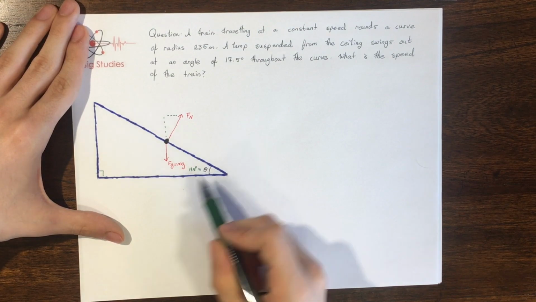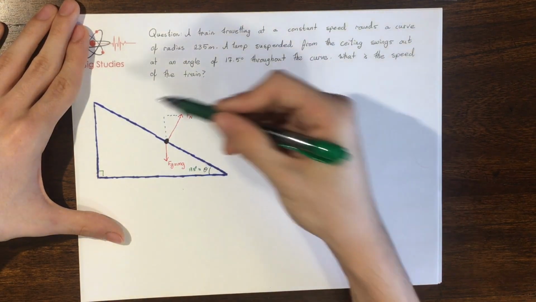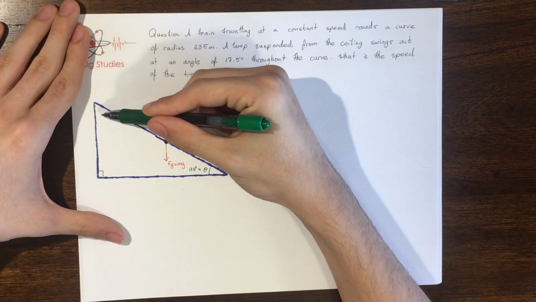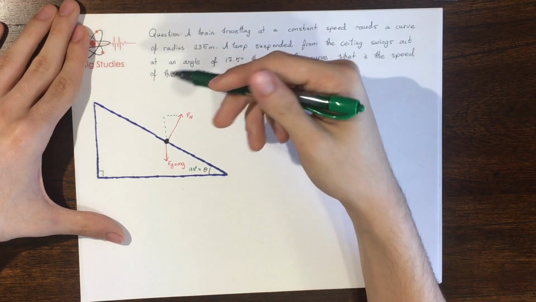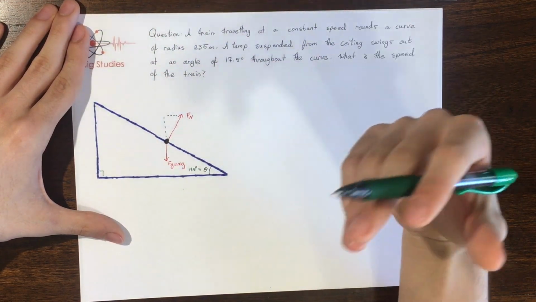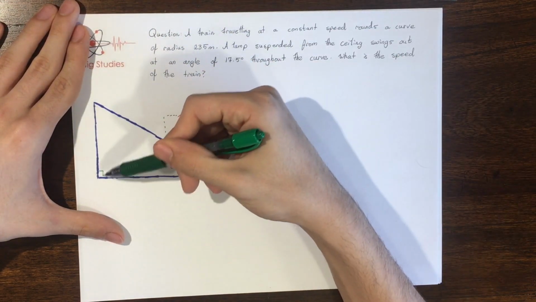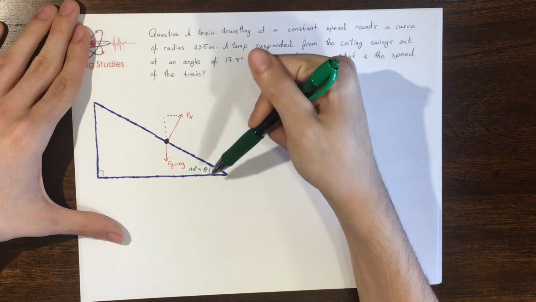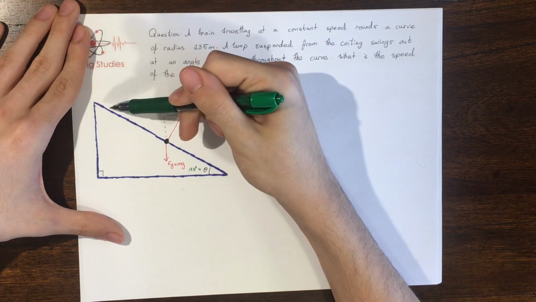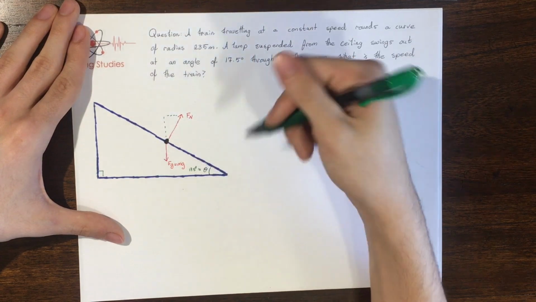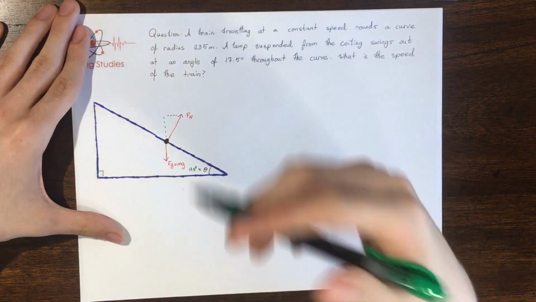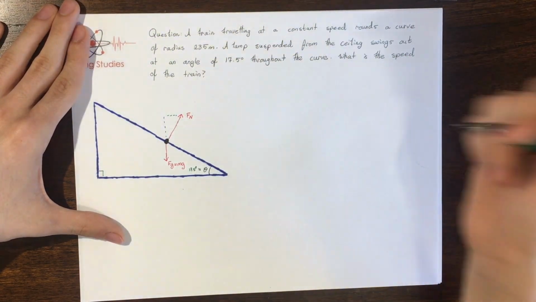If this is theta, and that's 90 degrees, then this has to be 90 minus theta, because the angles within the triangle have to add up to 180. So 180 minus 90, that's 90. So this has to be 90 minus theta, because 90 minus theta plus theta is 90, and then 90 plus 90 equals 180.